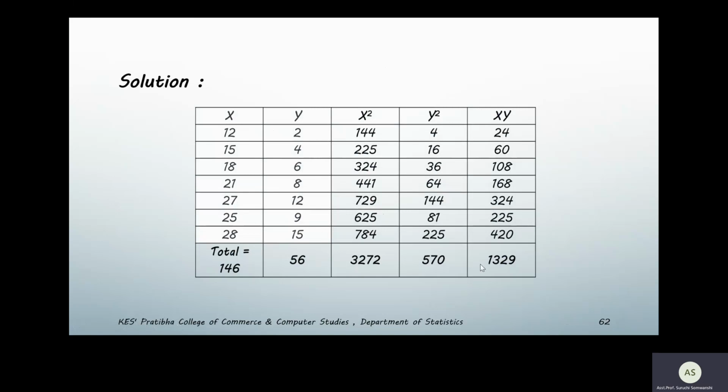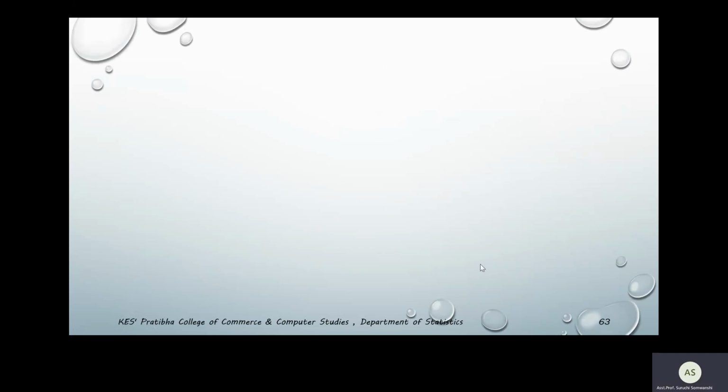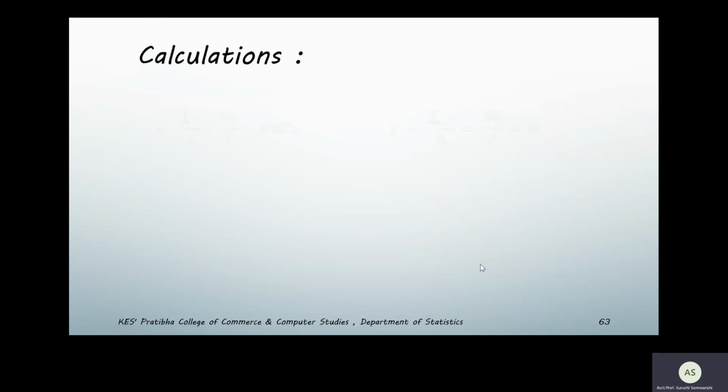Now let's move on to calculating sigma x, sigma y, the covariance of xy and ultimately Karl Pearson's correlation coefficient. Firstly, we calculate the x bar and y bar values, the mean of x and the mean of y. It is calculated as summation of x upon n, which is 146 upon 7, where 7 is the total number of observations in our data set.